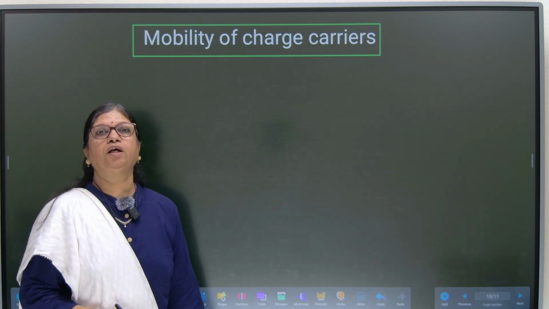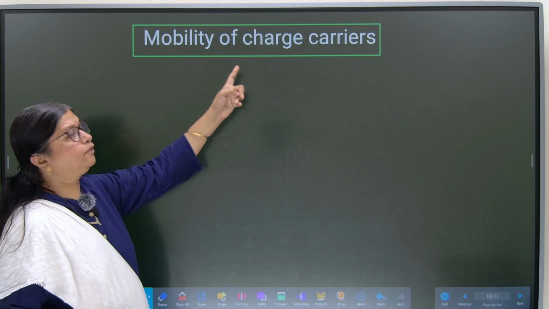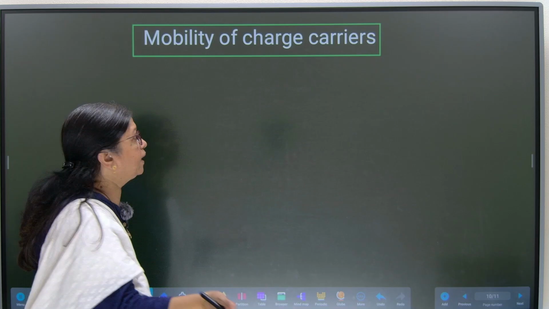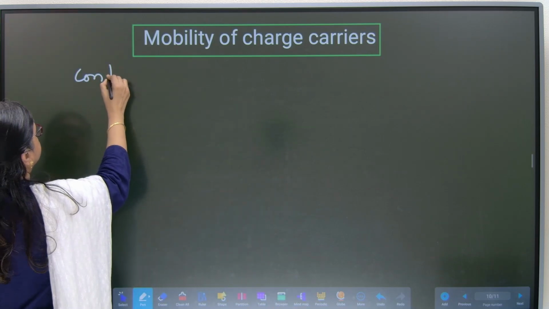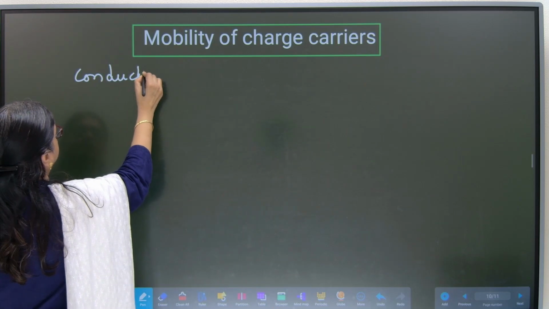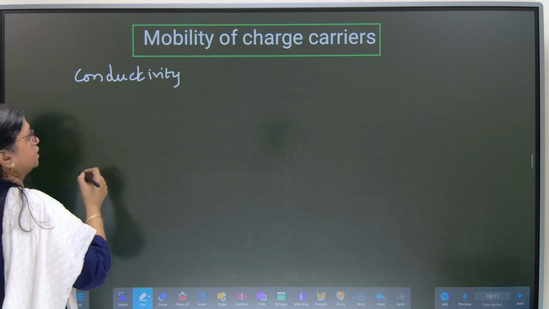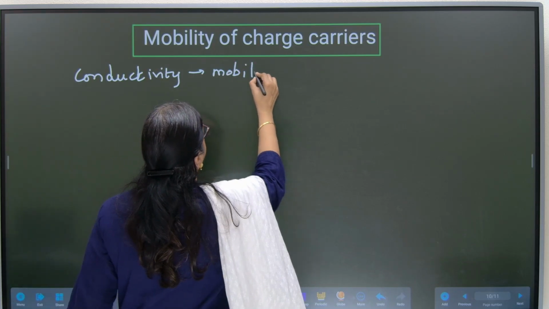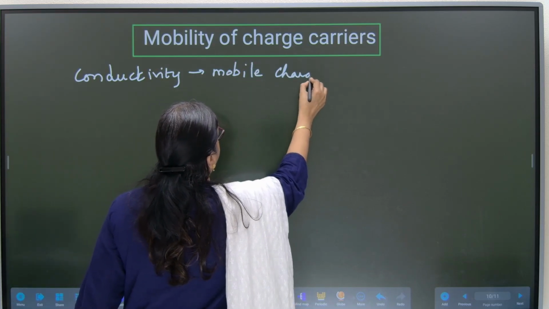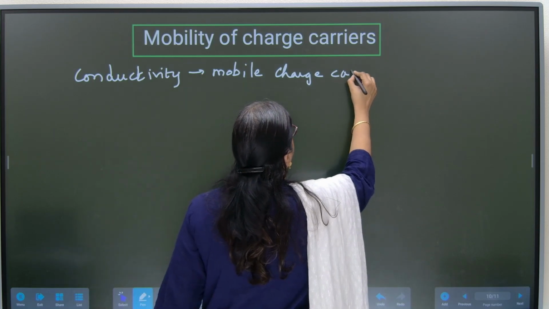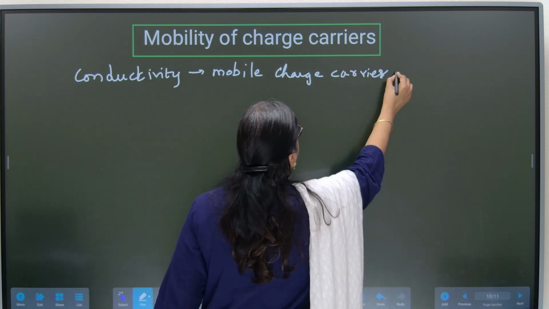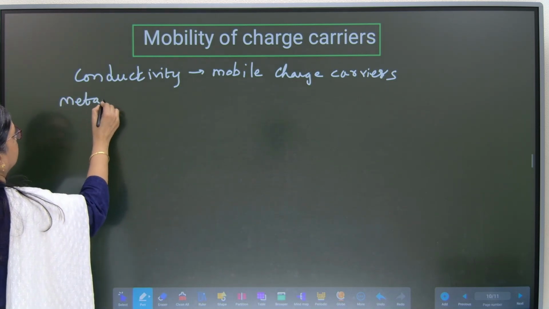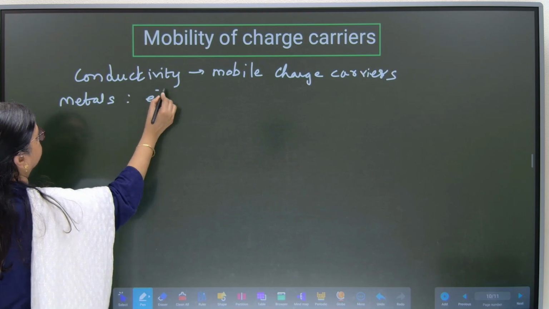Now in this page, we shall discuss mobility of charge carriers. The charge carriers move or they are mobile because of the conductivity of the conductor. So mobile charge carriers are due to the conductivity available in the material. Now, for metals, these charge carriers are electrons.